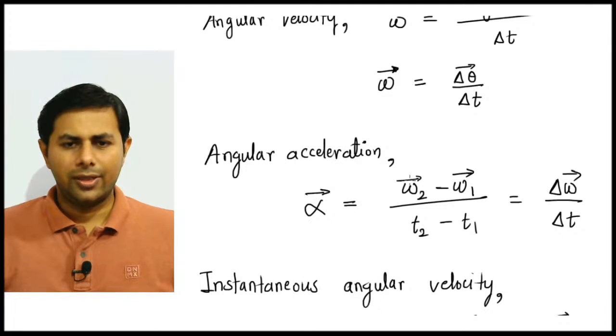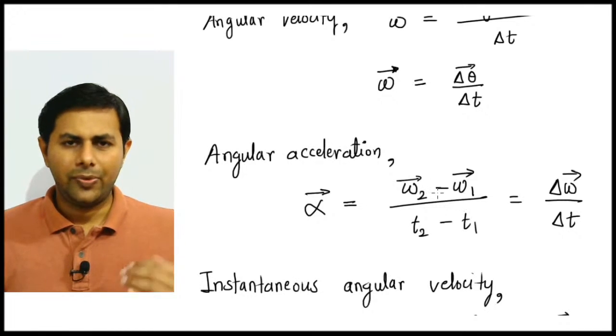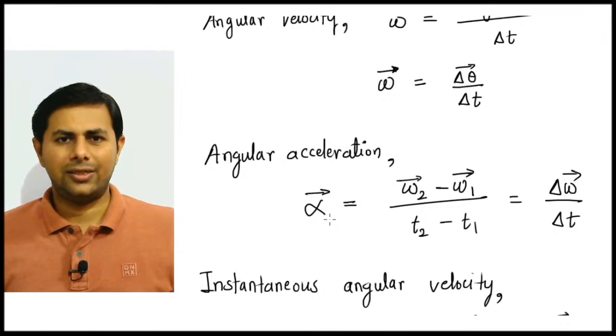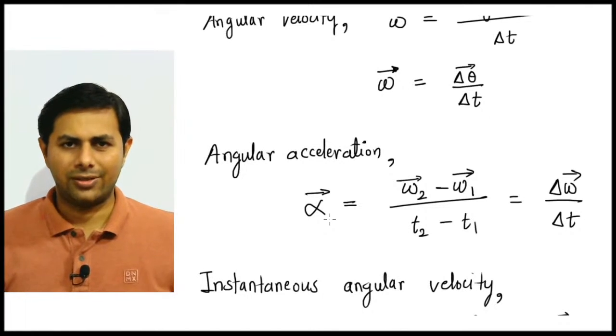Because we take subtraction of two angular velocities at two different times, if angular velocity is increasing, then alpha bar will be in direction of angular velocity, and if it is decreasing, then it will be in opposite direction to that of angular velocity.